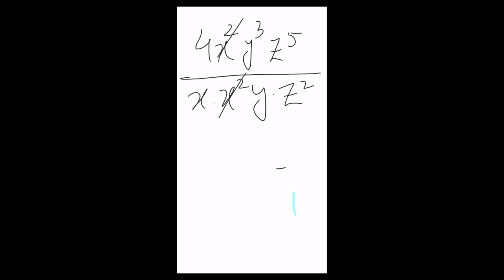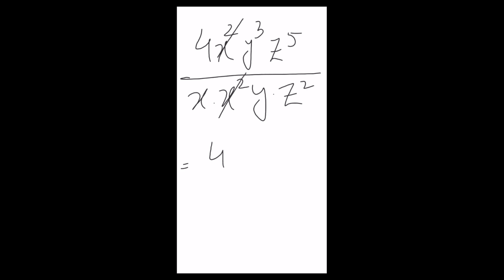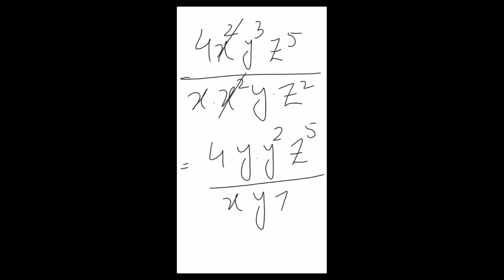So now I'm writing 4y cubed. I'm not writing x squared y because x squared has already cancelled out. So y cubed, but this time I won't write y cubed. I would write y squared z raised to the power 5 divided by x, which is left after getting cancelled, and then y, and then z squared.